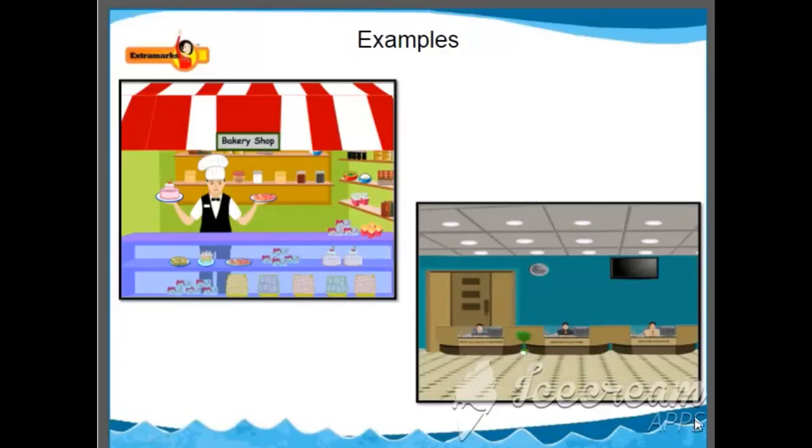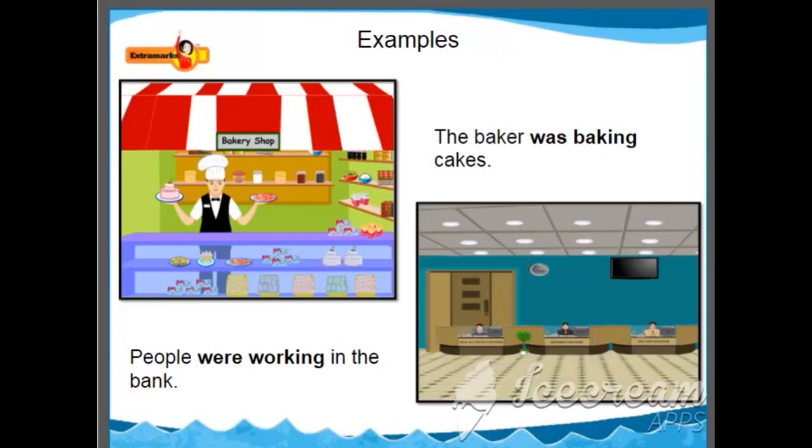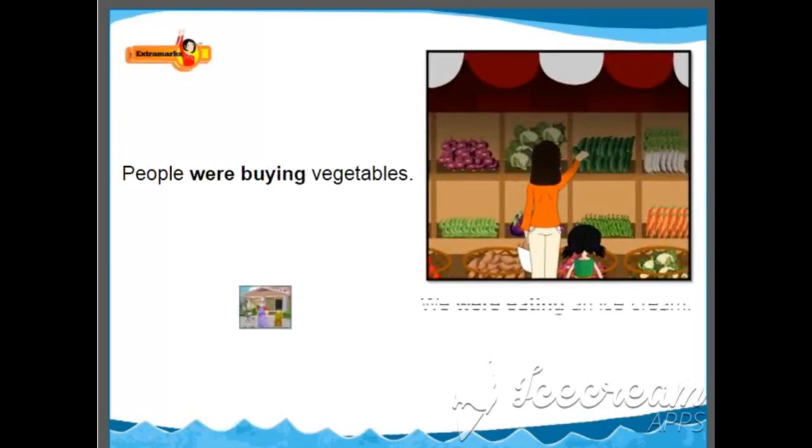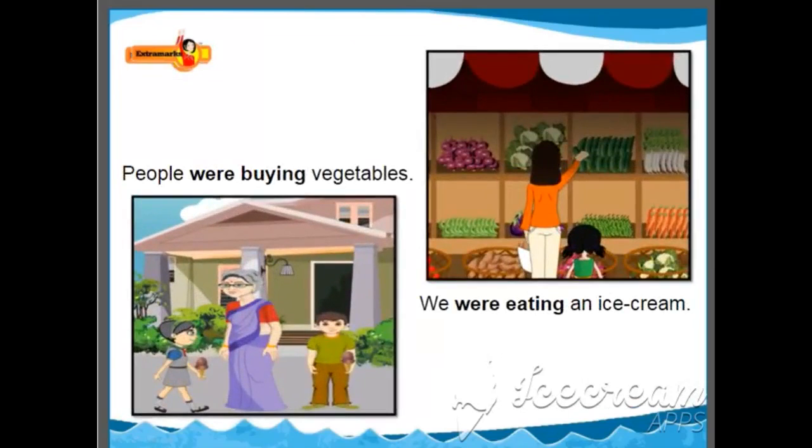Examples: the baker was baking cakes. People were working in the bank. People were buying vegetables. We were eating ice cream.